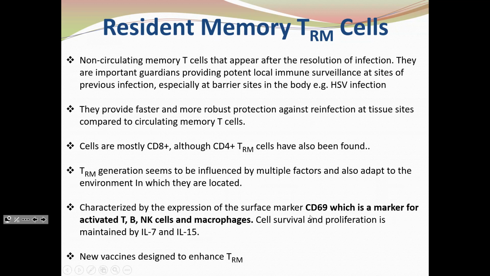Another thing about these resident memory T cells is that they require the cytokine interleukin 7, which, if you remember from last year, is an important growth factor for both memory cells as well as immature T cells in the thymus, the thymocytes.